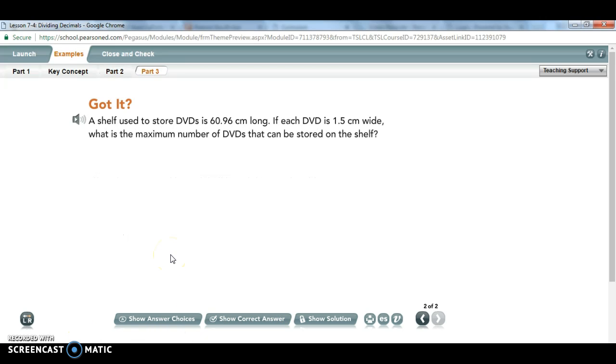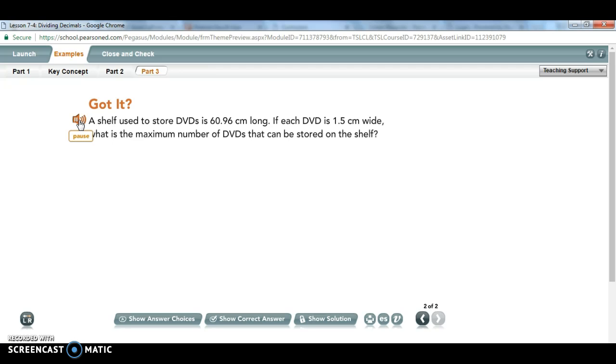Remember, if I'm going too fast for you, take a moment to rewind the video or pause the video. What I did was I moved on to part 3, but I skipped the example problem. I went straight to the got it problem, and what part 3 is wanting us to do is identify a division problem within a word problem.